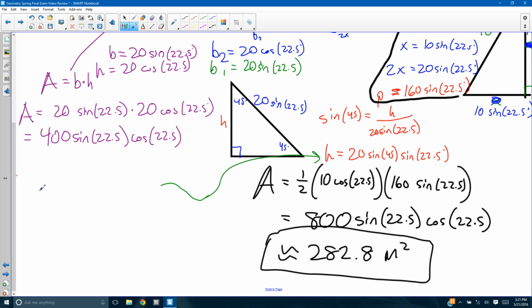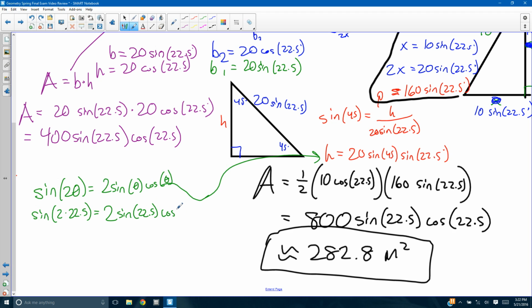All right, there's this idea here that the sine of 2 theta is equal to 2 times the sine of theta times the cosine of theta. So the sine of 45 is the sine of 2 times 22.5. So this should equal 2 times the sine of 22.5 times the cosine of 22.5.